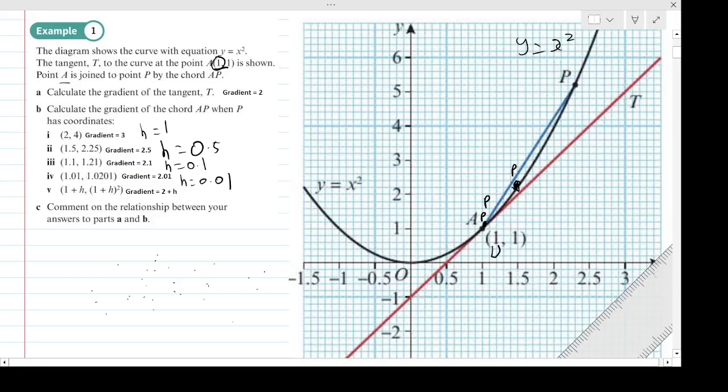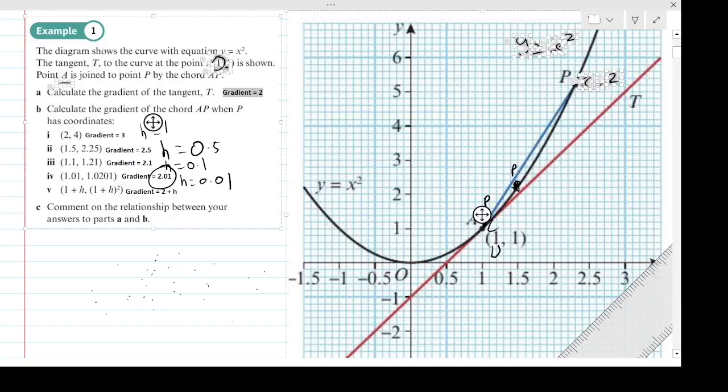And so again, you see the gap H from A to P, say when P is 2 up here, the gap would be H is 1. So when we minimise the gap or make P closer to A, H decreases and then the gradient is getting closer and closer to 2. So we get a better approximation.